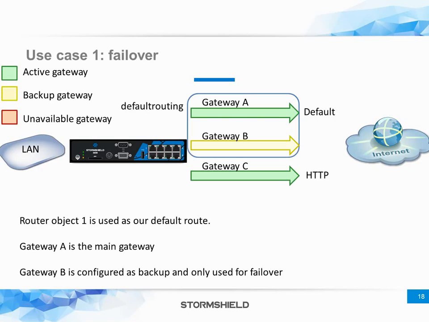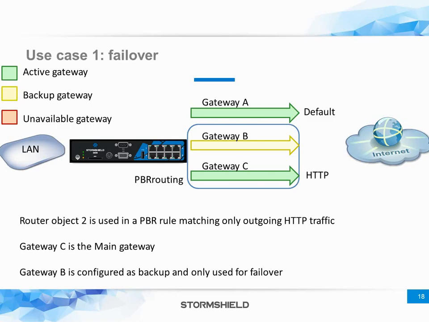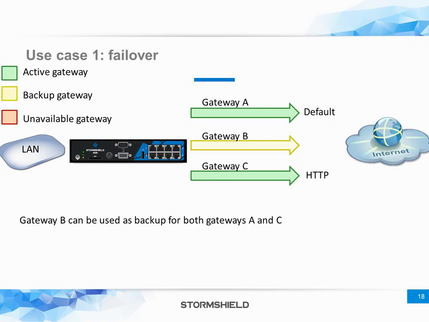The first one, used for default routing policy, will have gateway A as main and gateway B as backup. We also have a second router object, which will use gateway C as its main gateway and gateway B as backup. This configuration would not have been possible in version 1, because if gateway C became unavailable, the backup would automatically be gateway A, and all traffic would go through that gateway, with B still available for backup, but unused.